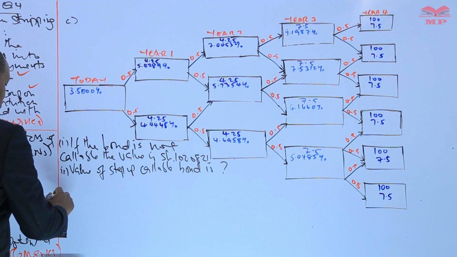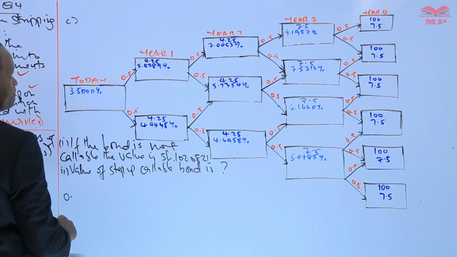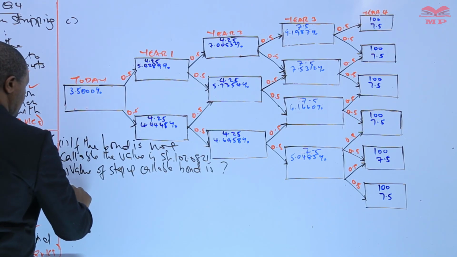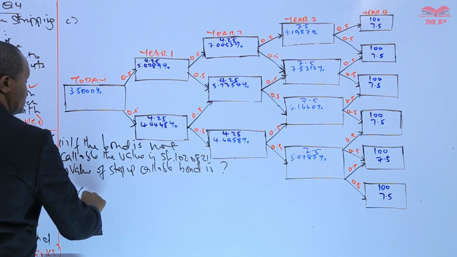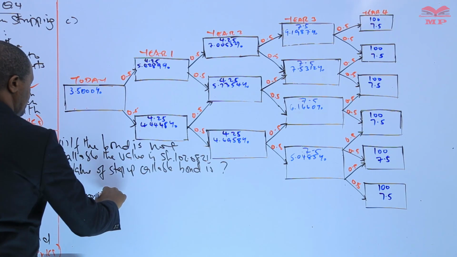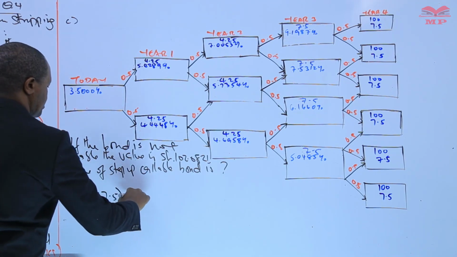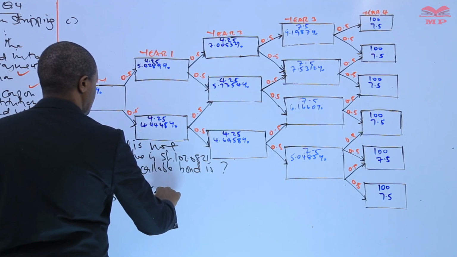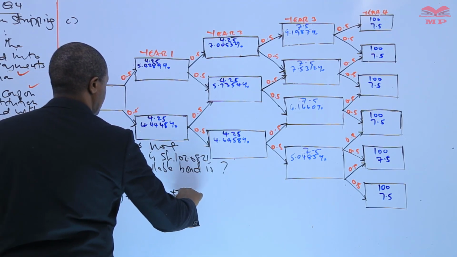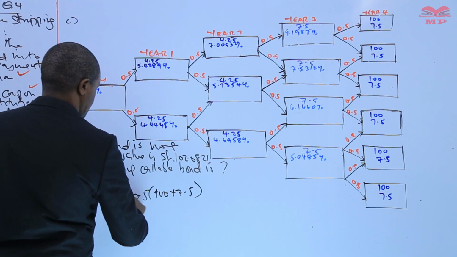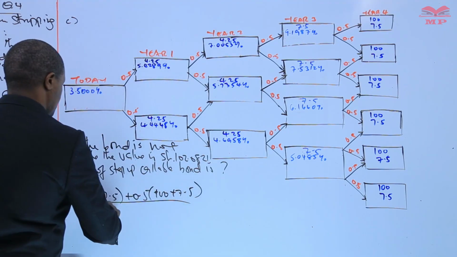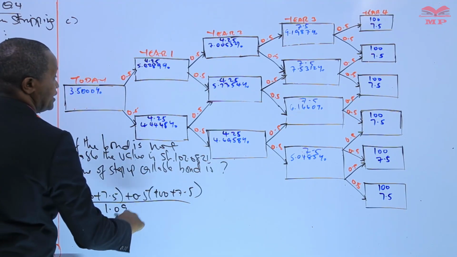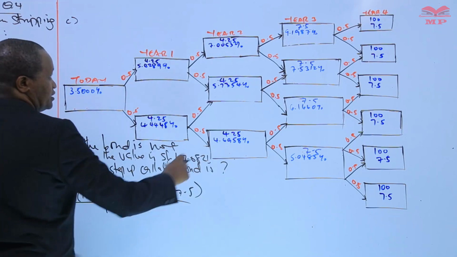So we're going to have 0.5 into 100 plus 7.5 plus 0.5 into 100 plus 7.5, divide by 1 plus R. This is a percentage.